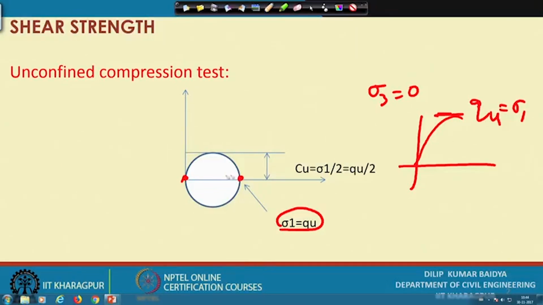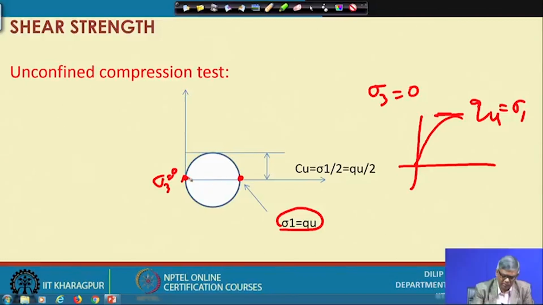So, based on sigma 3 equal to 0 and sigma 1 equal to q u, if you make the Mohr circle, it will be a unique circle, because only one circle we can get, and there will not be any phi. That means your shear strength will be constant, and your envelope will be horizontal like this.